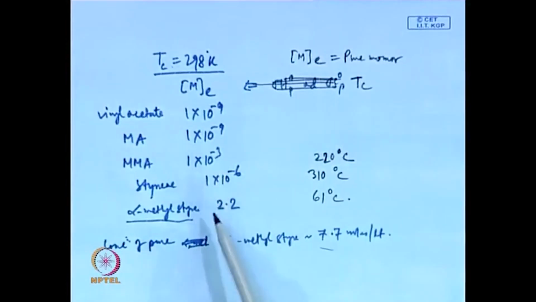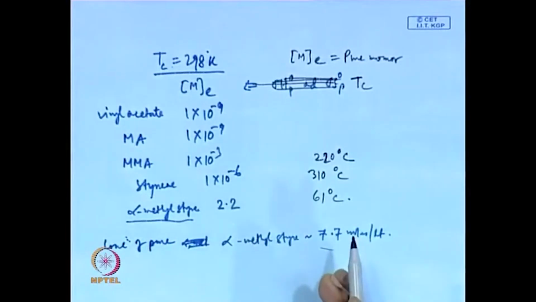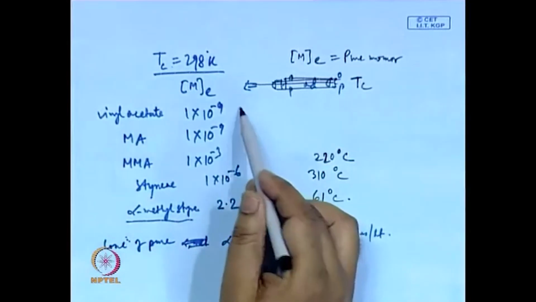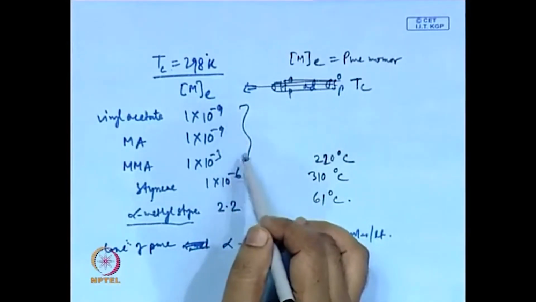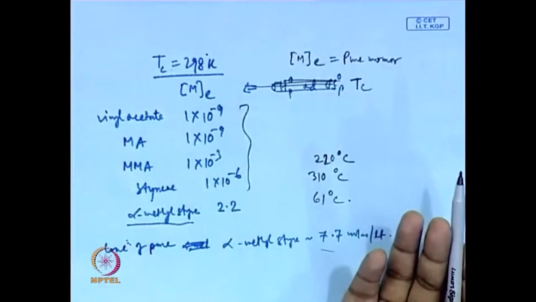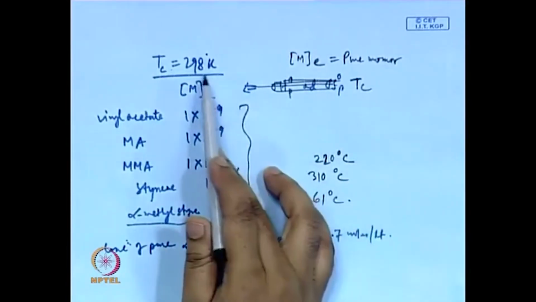Now, if you do it at 80 degrees, you can carry out the polymerization only till the free monomer concentration reaches the equilibrium value of that temperature. Because these numbers are low, 10 to the minus 9, 10 to the minus 6, 10 to the minus 3, which is considered at say 25 degrees centigrade.